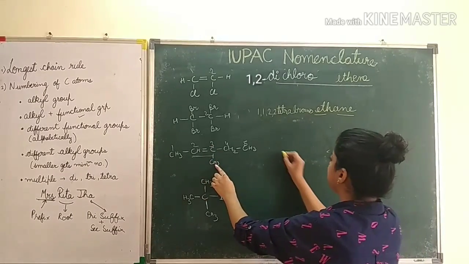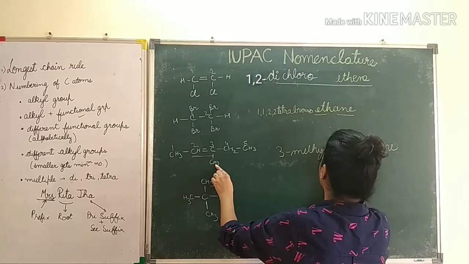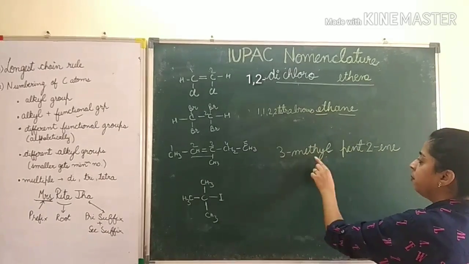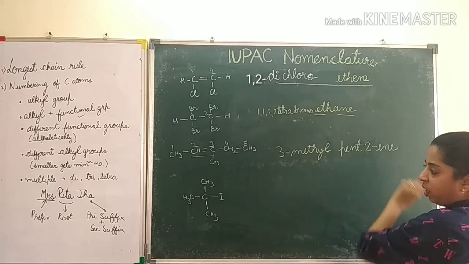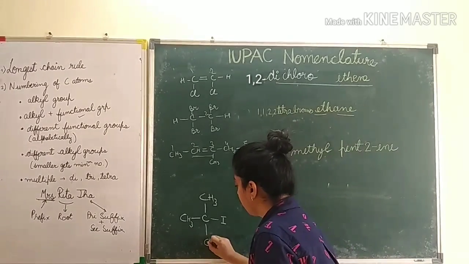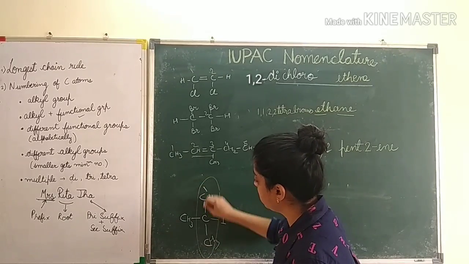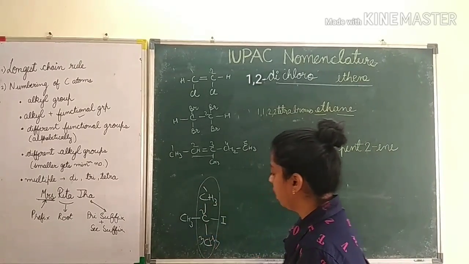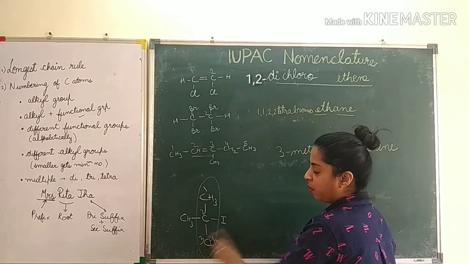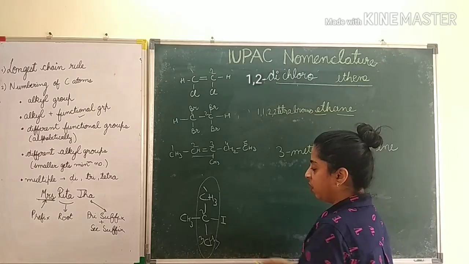And at the 3 position there is methyl. So you can write 3-methylpent-2-ene, or 3-methyl-2-pentene. Both are correct. See this example. This is the longest chain of carbon atoms, so we will number as 1, 2 and 3. Now both the substituents are at position 2, so there is no problem of numbering. But what is the alphabetical order?